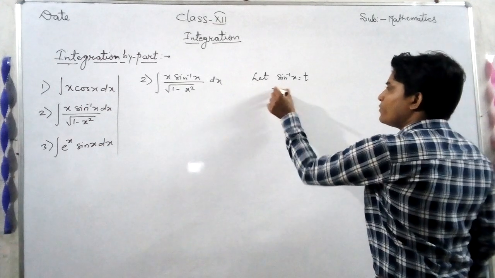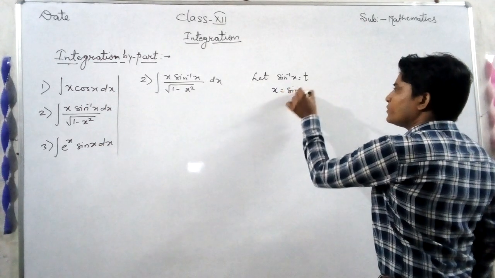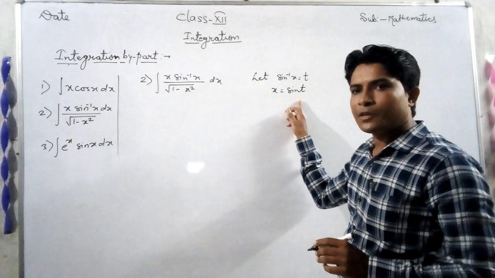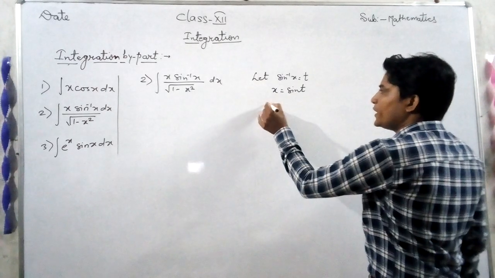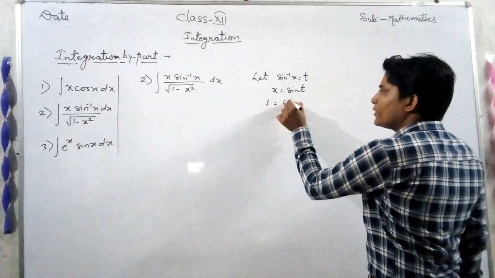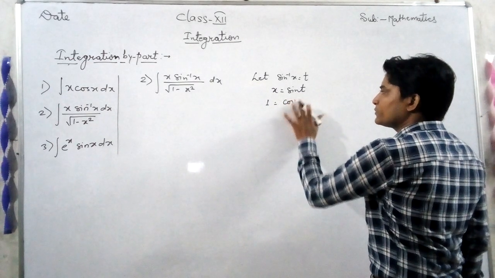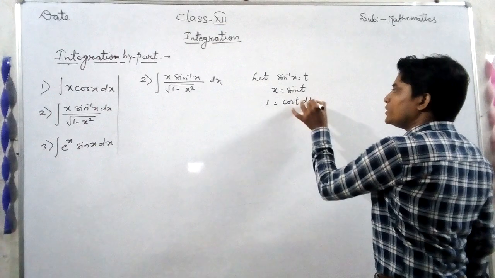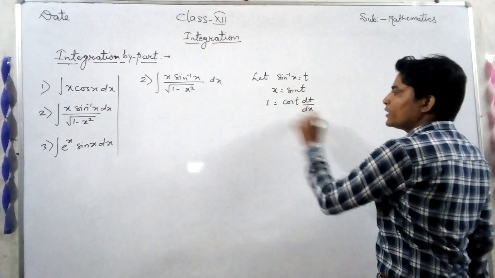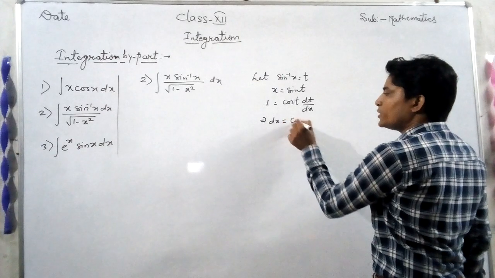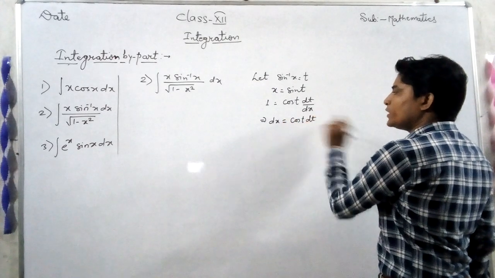Now x is equal to sin t. If we differentiate with respect to x, we get 1 equals cos t dt by dx. After transferring, we get dx is equal to cos t dt.